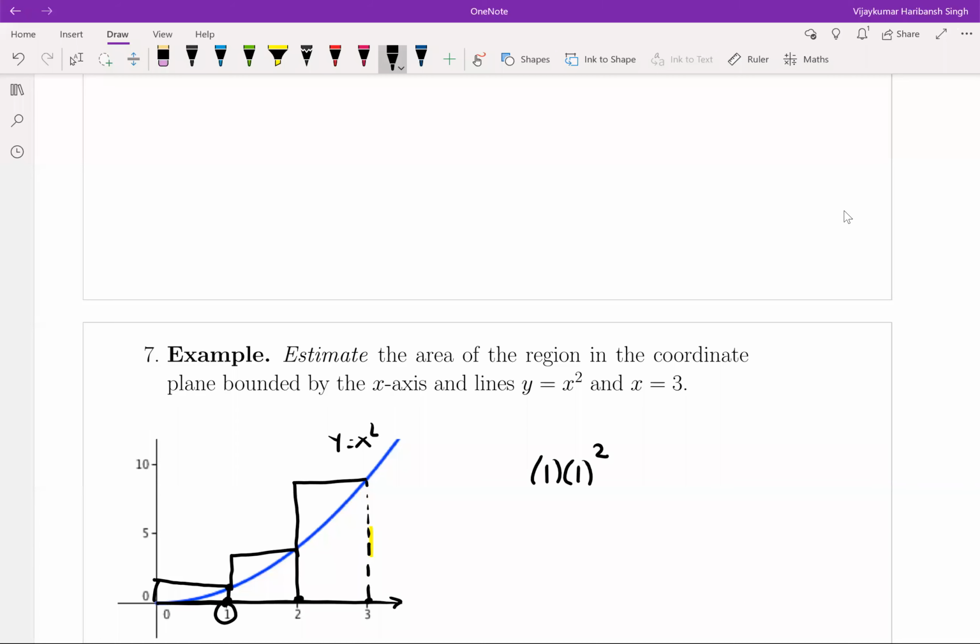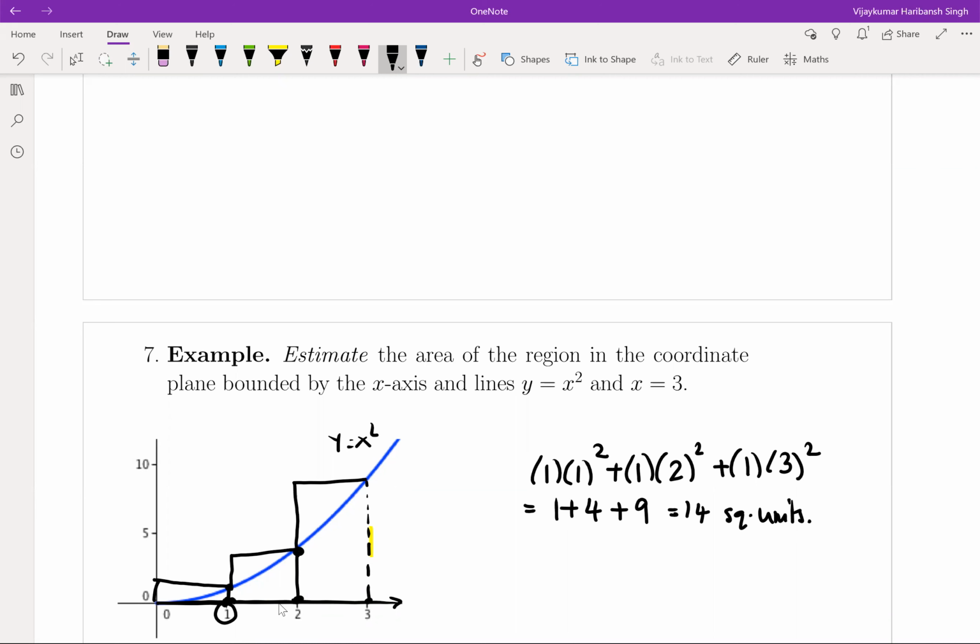Then the second one is 1 times, the base is again fixed at length 1, and the height is going to be the function value at 2, which is 2 square. Then again 1 times the function value at 3, which is 3 square. So if you simplify this, it is going to be 1 plus 4 plus 9, which is 14 square units.